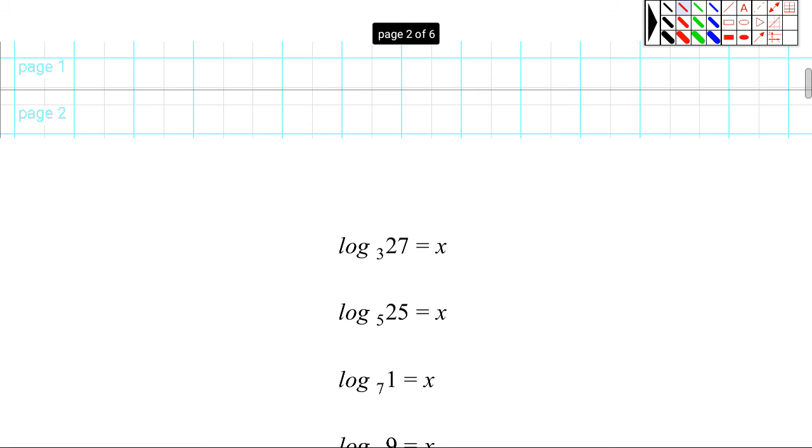Here's another one, log base 3 of 27. What is that? Another way of saying it is 3 raised to what power will give me 27? Well, 3 raised to the 3 gives me 27. Therefore, x is equal to 3.